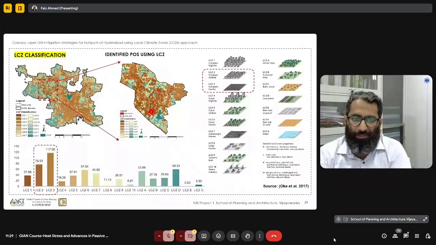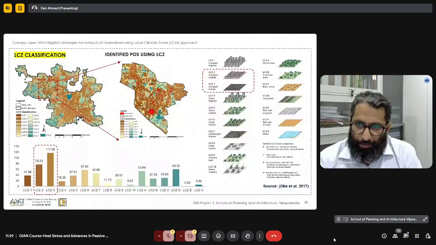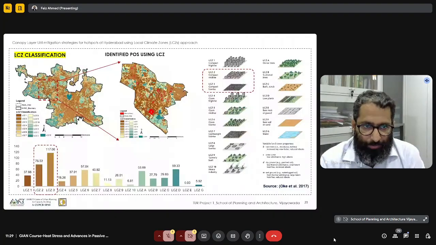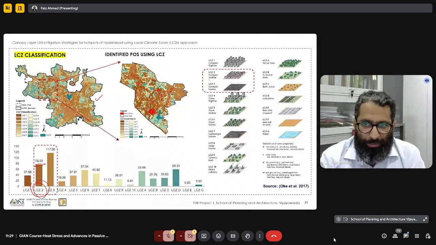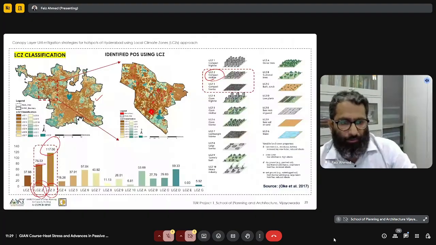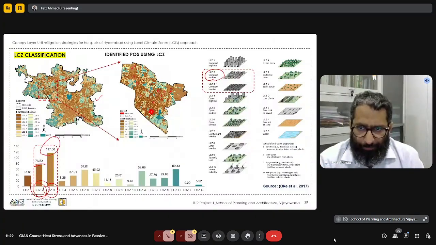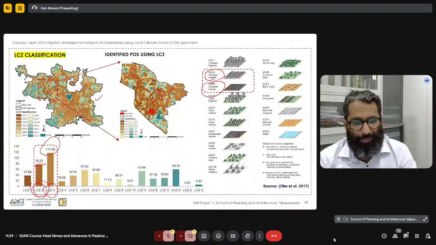So what is the result that we got in classification? You can see this is for the entire city of Hyderabad. We found LCZ2, compact mid-rise, covers about 76 square kilometers of built area, and LCZ3, compact low-rise, covers more than 100 square kilometers of built-up area.